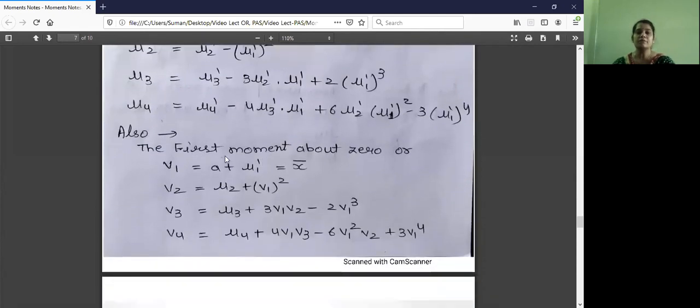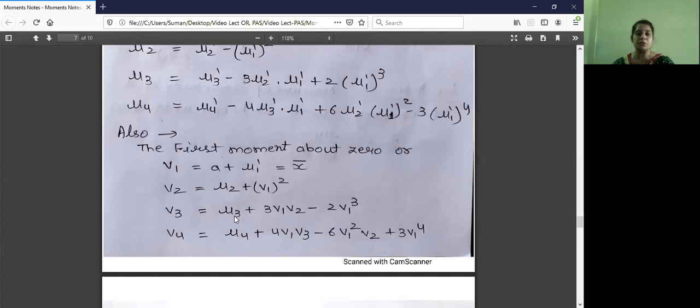So the relations between the first four moments about 0: V1 is equal to a plus mu1 dash is equal to x bar, where x bar is the mean. V2 is equal to mu2 plus V1 square, where V1 is the first moment about 0 or about origin.